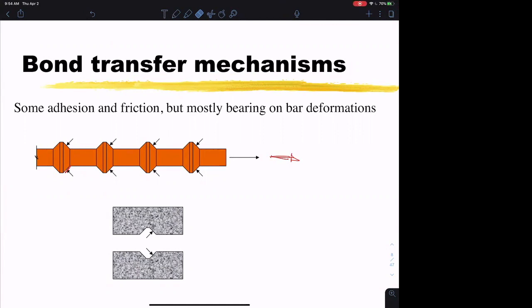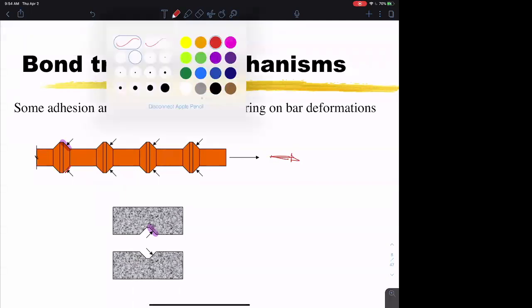And so when you pull on the bar, on this surface here, let me try and highlight it. On this surface here, it's going to react against the concrete like this. Okay, so again, Newton's second law, equal and opposite reactions.